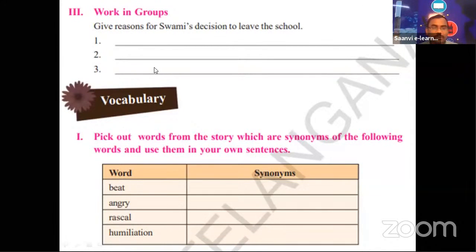Second reason, he was going to be dismissed from the school. And what may be the third answer?